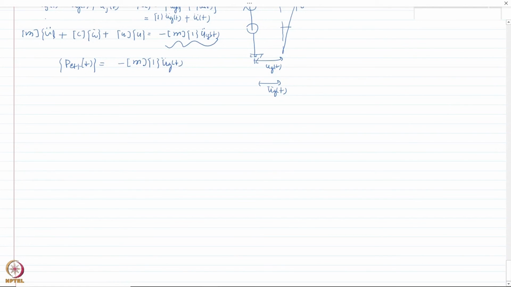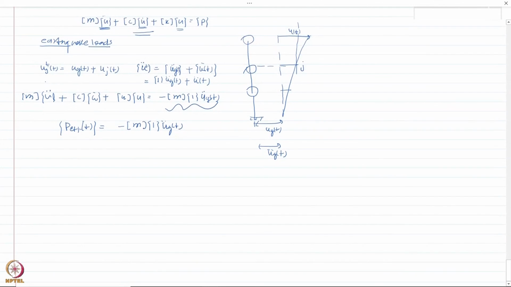Now, one thing to notice here is that in this case my degrees of freedom were in the same direction as the ground excitation. It might happen that my degrees of freedom are not defined in the same direction as the ground excitation.